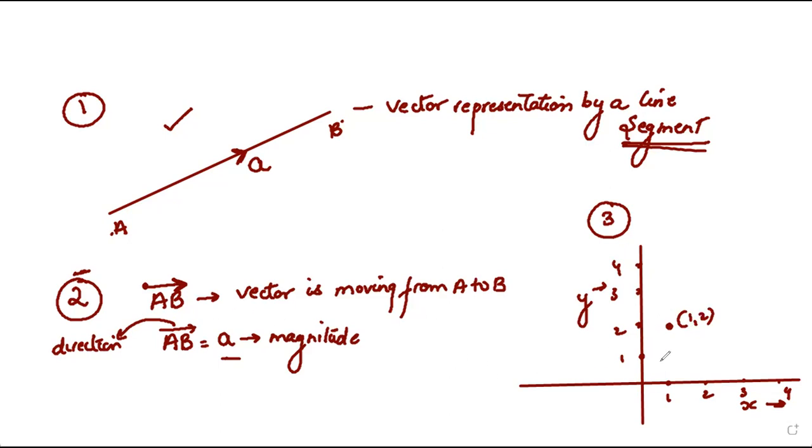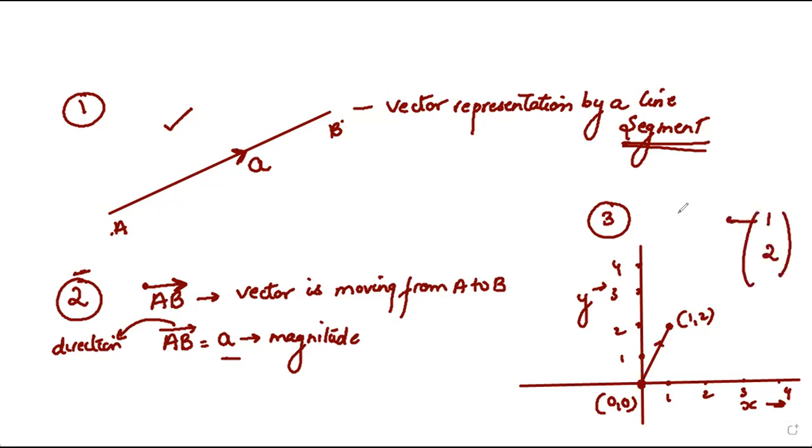Now in vector form, in mathematics we think that vectors always start from 0, comma 0. It starts moving, and now this vector is moving from here to here. So in a matrix form, I'll write 1, 2.